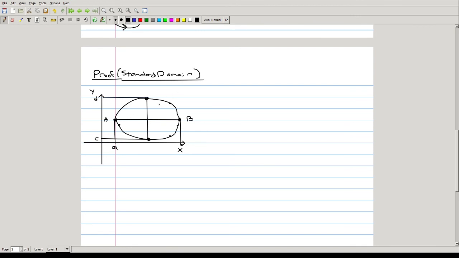So the top boundary function is a function of x. We'll call y is equal to y2 of x. And the bottom curve right here we'll express as y is equal to y1 of x.